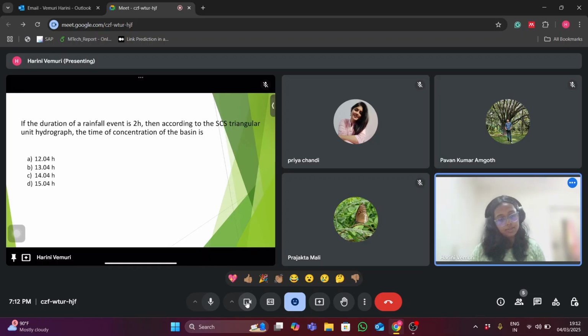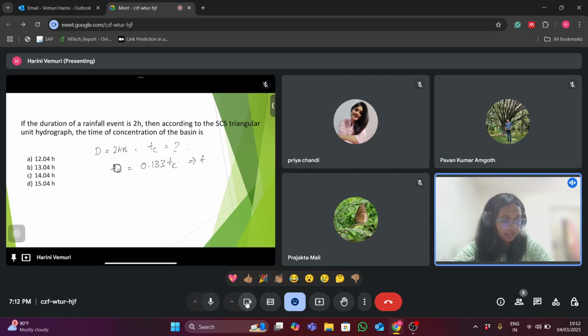Next question is, if the duration of a rainfall event is 2 hours, that is D equal to 2 hours, according to the SCS triangular unit hydrograph, the time of concentration is how much? If you remember the last formula that we discussed in the SCS triangular method, D equal to 0.133 of TC.